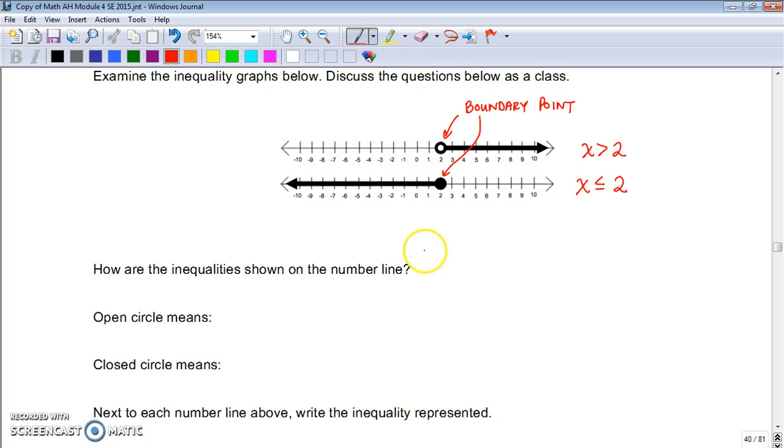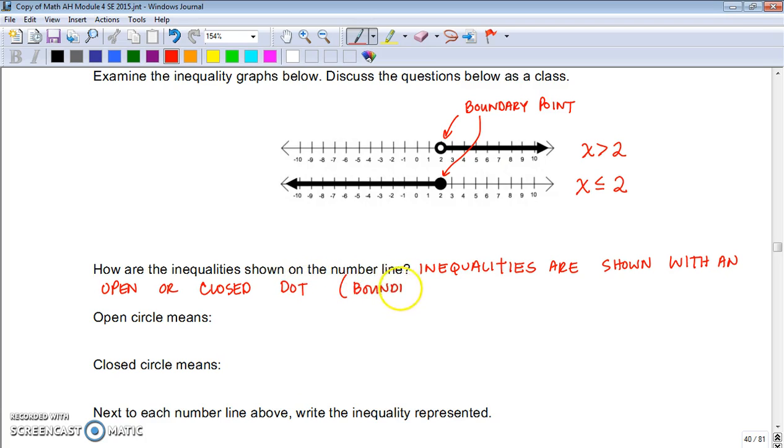So it says, how are inequalities shown on the number line? Let's answer this question. Inequalities are shown with an open or closed dot or boundary point and a shaded section or region or part of the number line.